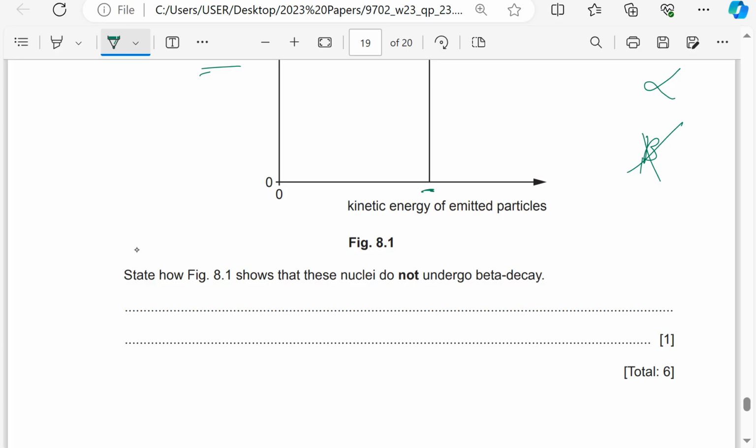State how the figure shows that these nuclei do not undergo beta decay.